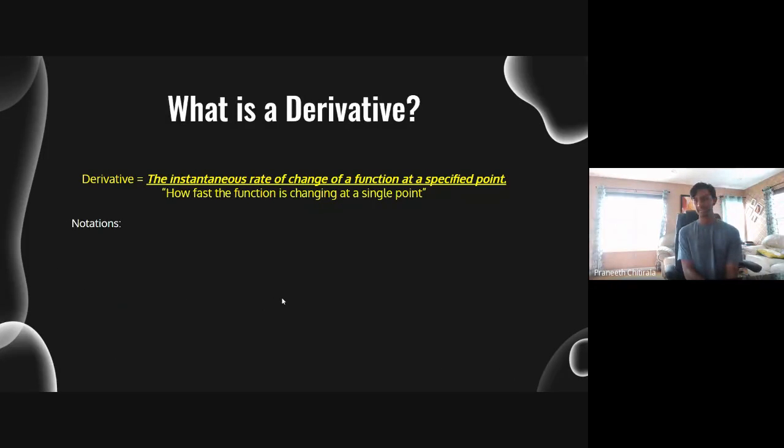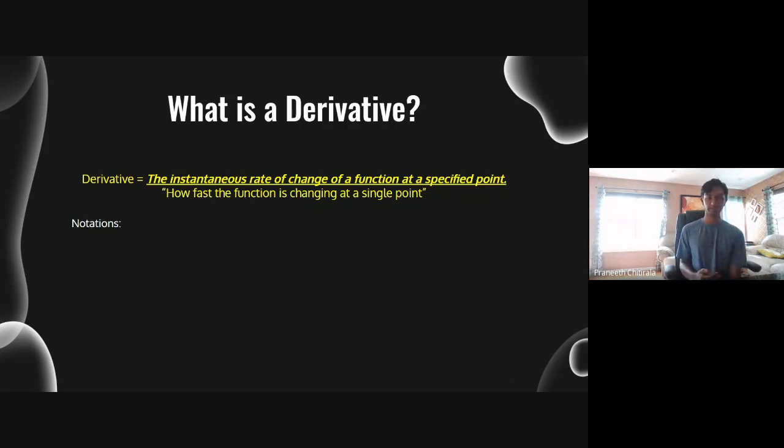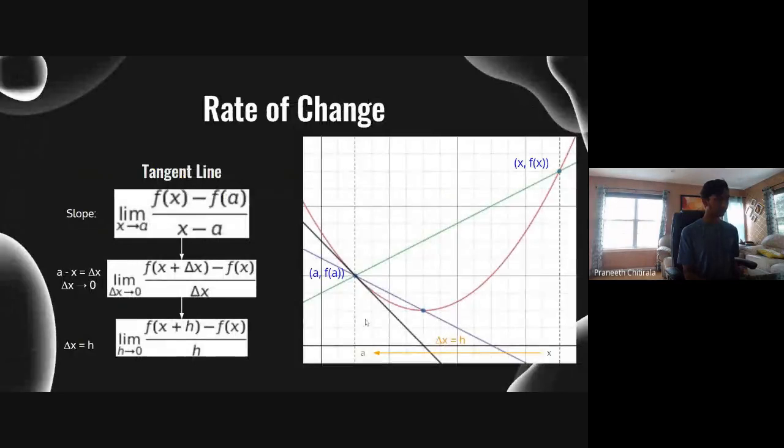So what exactly is a derivative? Well, the derivative is the instantaneous rate of change of a function at a specified point. So remember, the instantaneous rate of change is the tangent. You can think of it as the slope of the tangent line of a function at a point. So right here, this slope, or this value here, would be the derivative itself.